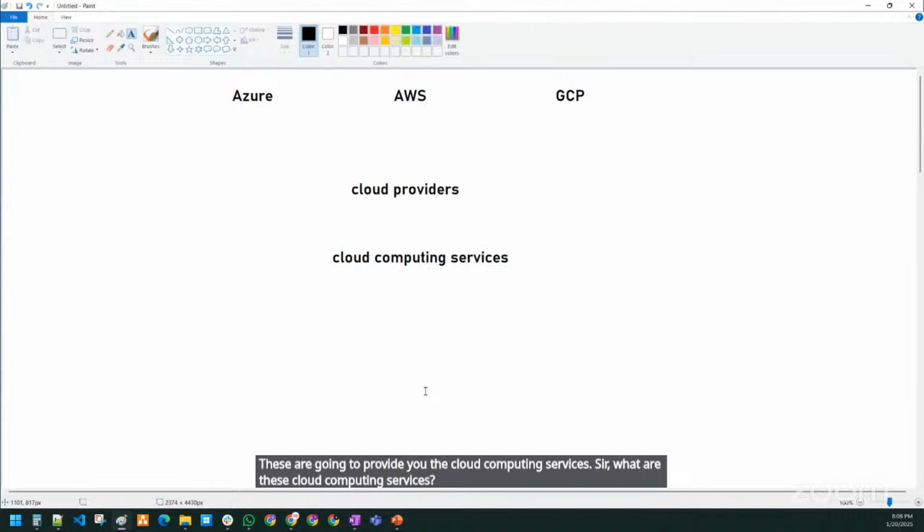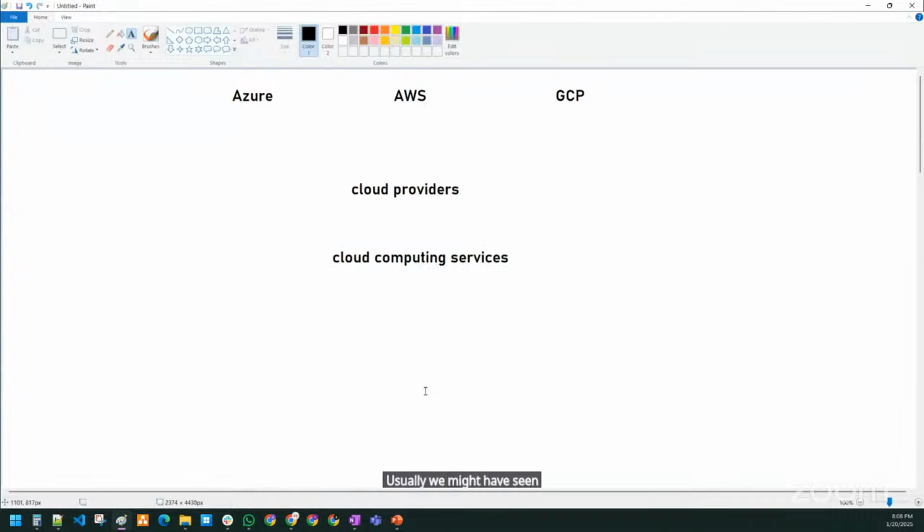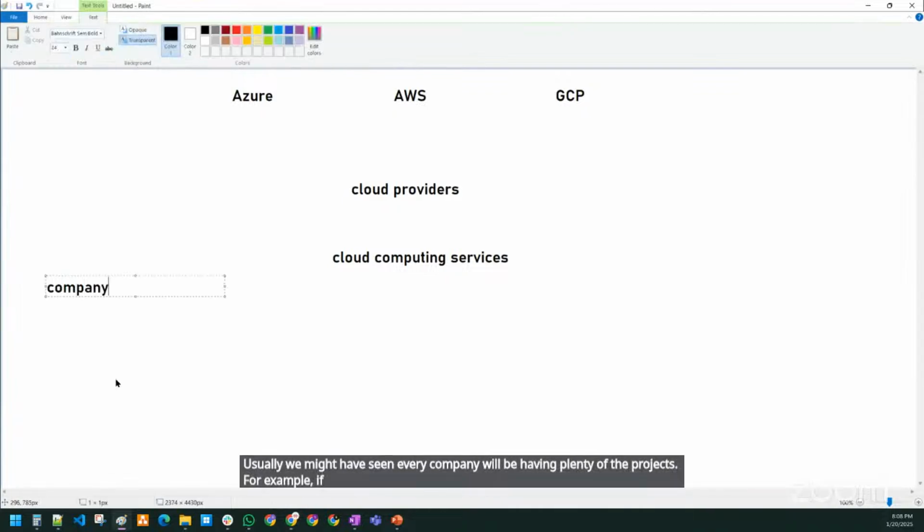Usually, we might have seen every company will have plenty of projects. For example, if I take one company, every company mainly works with the help of multiple projects. They will have some kind of client, and from the client they will be getting multiple projects.